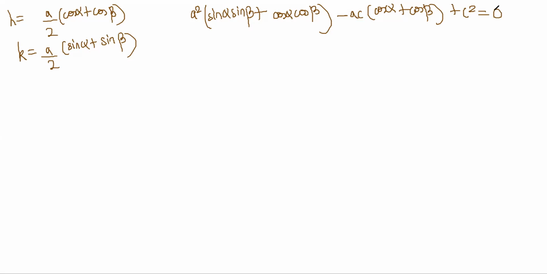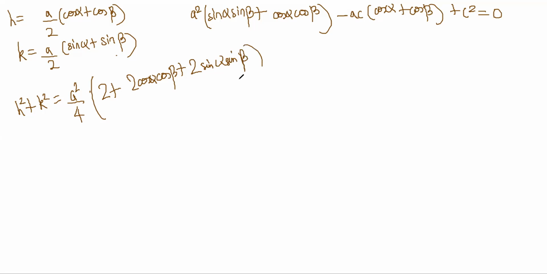Now, if you square and add these two, you'll get h square plus k square is equal to A square by 4 into (cos square plus sin square, 1, plus cos square plus sin square, 1), so 2 plus 2 times cos alpha cos beta plus sin alpha sin beta.